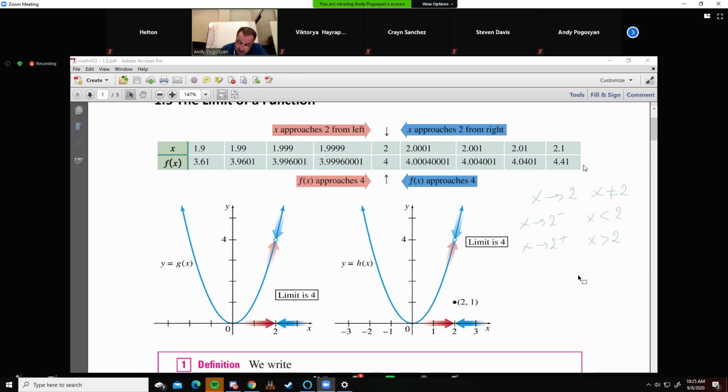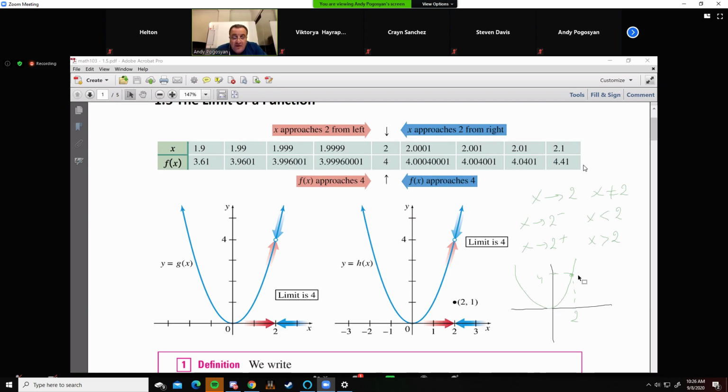That's already another important thing. If you have the same graph, but now it's defined, let's assume this is 4, this is 2. In this case, the limit exists and equals 4, and the function value is also 4. That's something we're going to use to determine if the function is continuous.